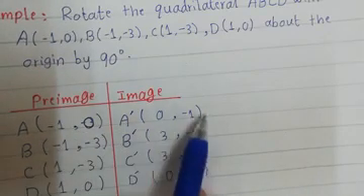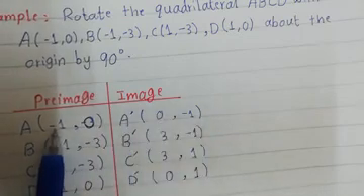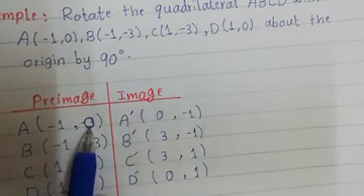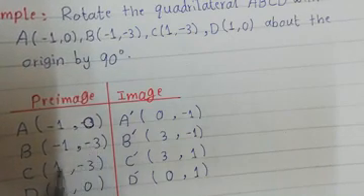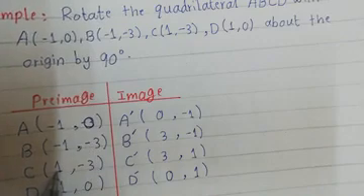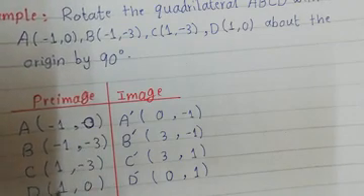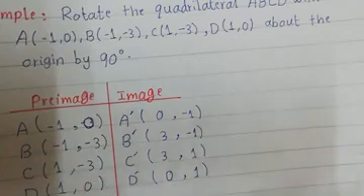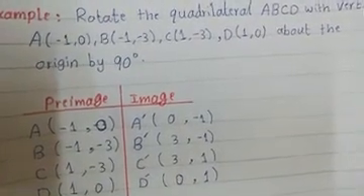So if it is by 180 degrees, A prime will be positive 1 with 0, and B prime will be positive 1 with positive 3, and C prime will be negative 1 with positive 3, and D prime negative 1 with 0, and you can draw it on the same XY plane, and you will get your image.